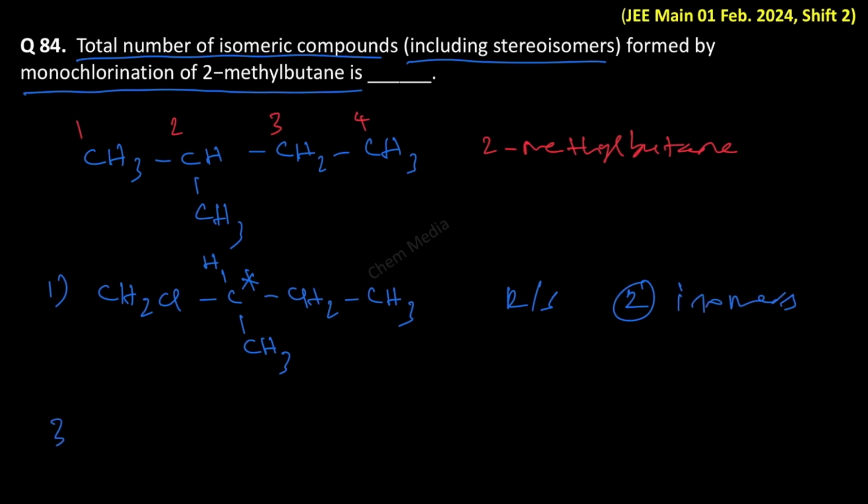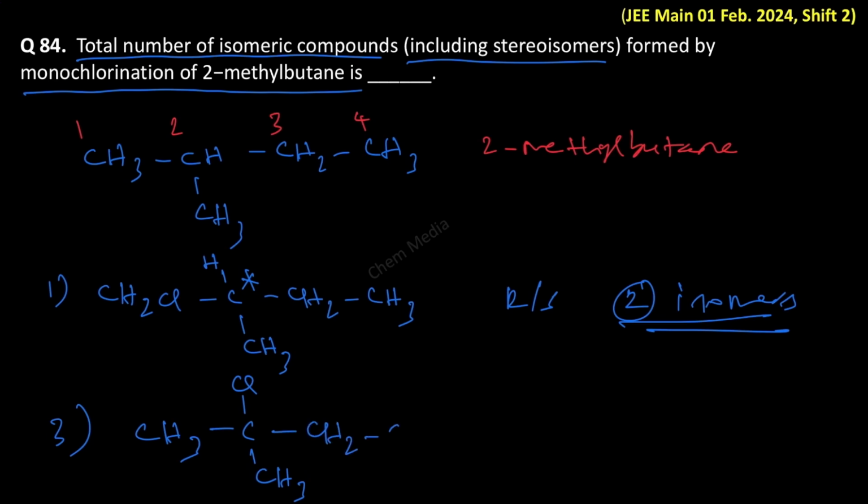And then number 3, because we have 2 isomers, I am counting it as number 3. CH3, C, Cl, CH3, CH2, CH3. This is just a structural isomer. What we have is 2-chloro-2-methylbutane. That is just a structural isomer.